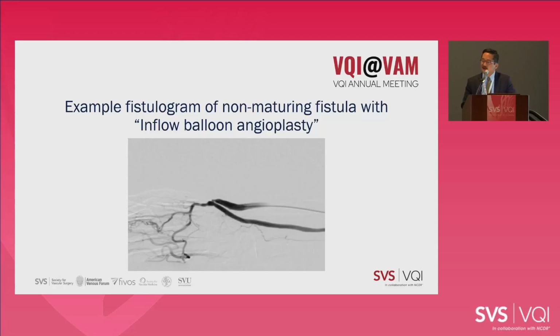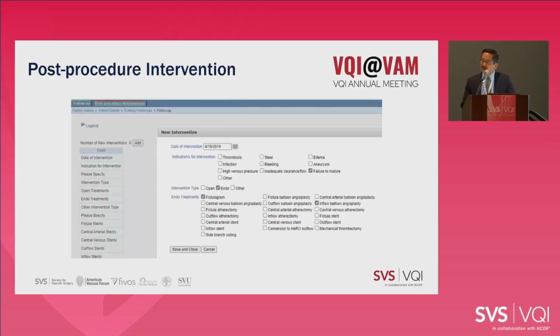The artery, you can see, is that middle line that runs off to the right side of the screen, and the vein is higher up. If you look very closely, you can see that there's a stenosis between the artery and the vein, and this did require a balloon angioplasty. Again, this is something that can be recorded in the long-term follow-up, which is quite valuable for us. And that's captured here in the post-procedure intervention screen.